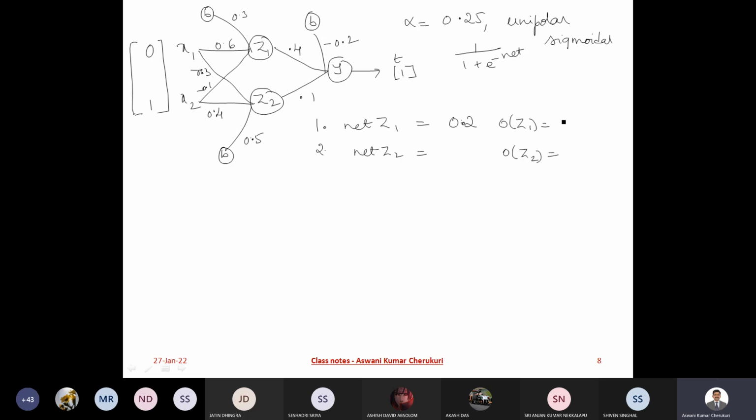So what about OZ1? It is 0.5498, which is 1 by 1 plus e power minus net Z1. Similarly, what is net Z2?